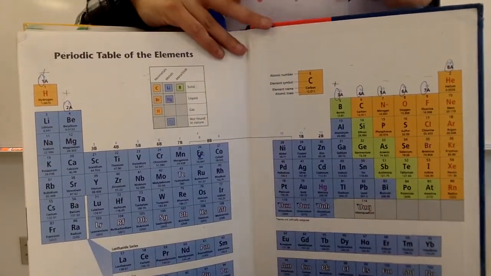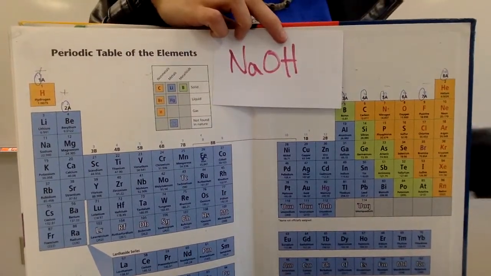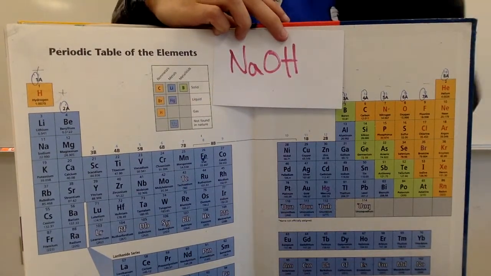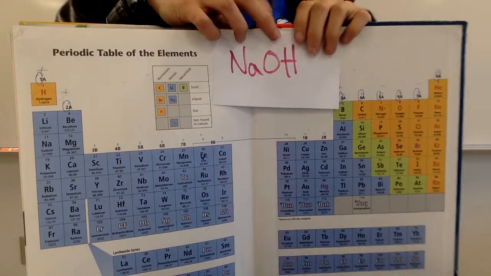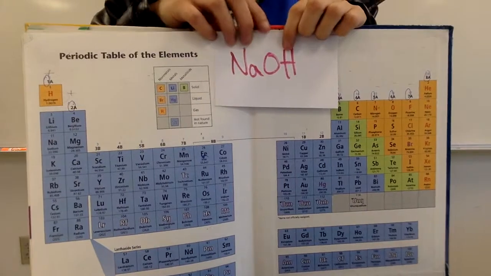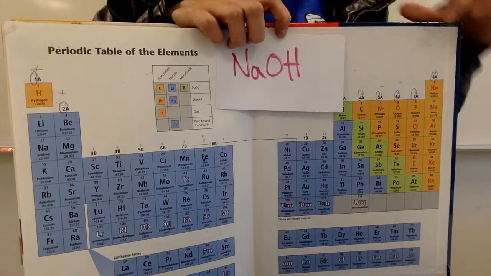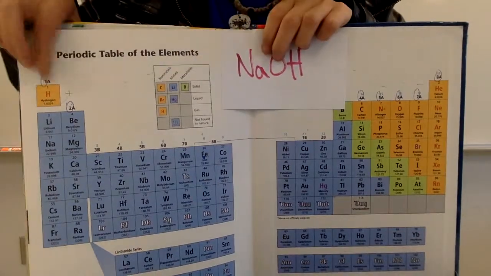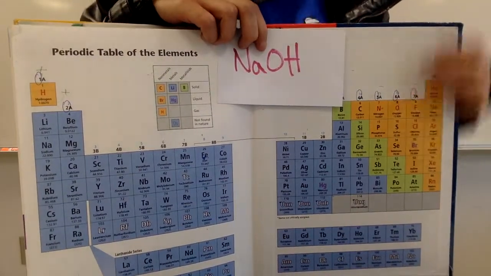This one's kind of a tricky one. Not really. NaOH. You might be saying, Miss Scott, that has 3 atoms. What are you doing to us? It does. The oxygen and hydrogen make up what is called a hydroxide ion. Hydrogen over here, oxygen over here, they are 2 nonmetals.